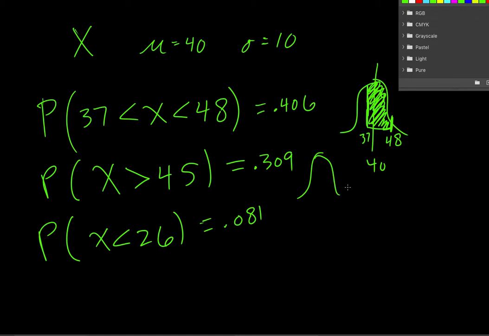For this one, once again, we're at 40, but then we check at 45. And so the area right there, if the entire area is 1, is 0.309. And then if we go down here to 26, and everything below that, that little sliver would be the area under the curve in that situation.